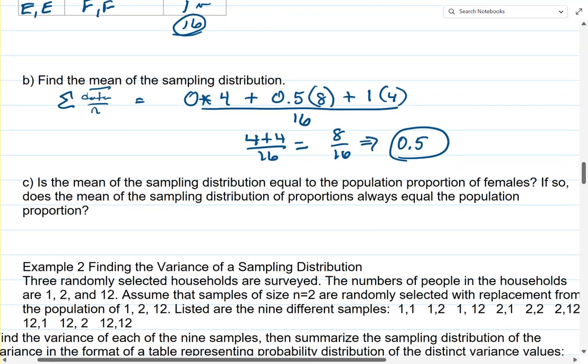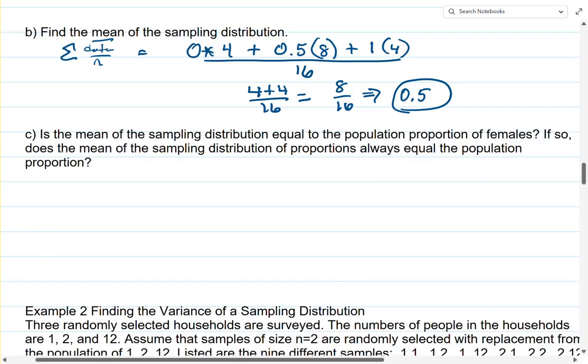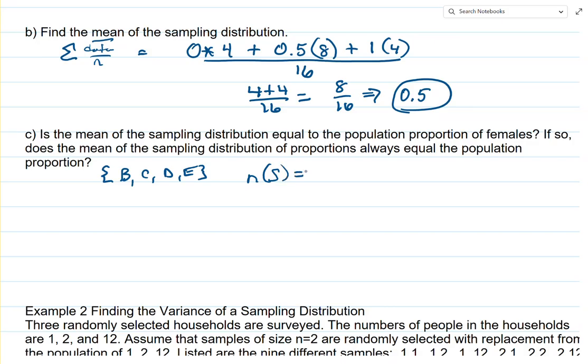All right. So we have another item here. Is the mean of the sampling distribution equal to the population proportion of females? If so, does the mean of the sampling distribution of proportions also equal the population proportion? And this time, because we're talking about percents, we're talking proportion. So the mean of the sample is at the beginning. Remember, we had Bart, Carl, Dana, and Emily. So we had a total, our N of our sample space was 4.